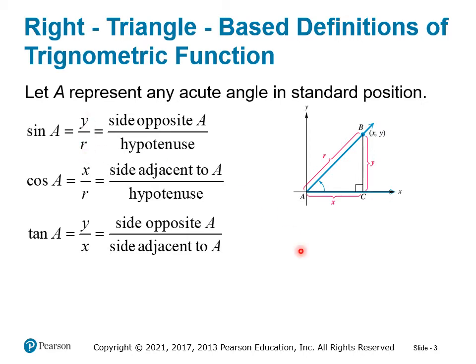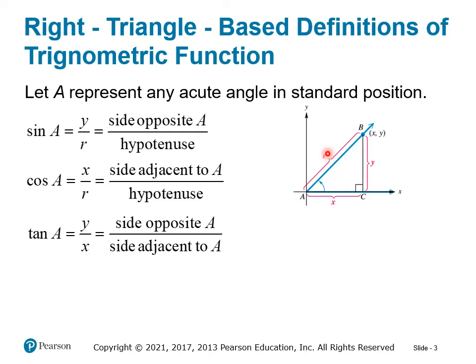Notice that as this is a right triangle, we can make this a more general formula where the sine of an angle is equal to the side opposite the angle over the hypotenuse. Just like we said before, sine A is the value of y over r. So the sine of A here, we could also say, is the side opposite over hypotenuse.